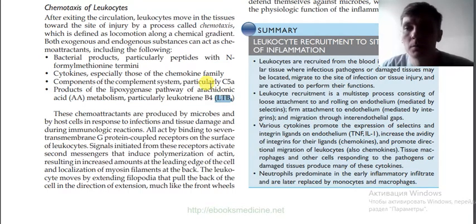You remember that in the inner cell membrane we have residues of arachidonic acid. The cell membrane is a double layer of lipids, and the lipids might possess arachidonic acid as one of the fatty acids attached to them.